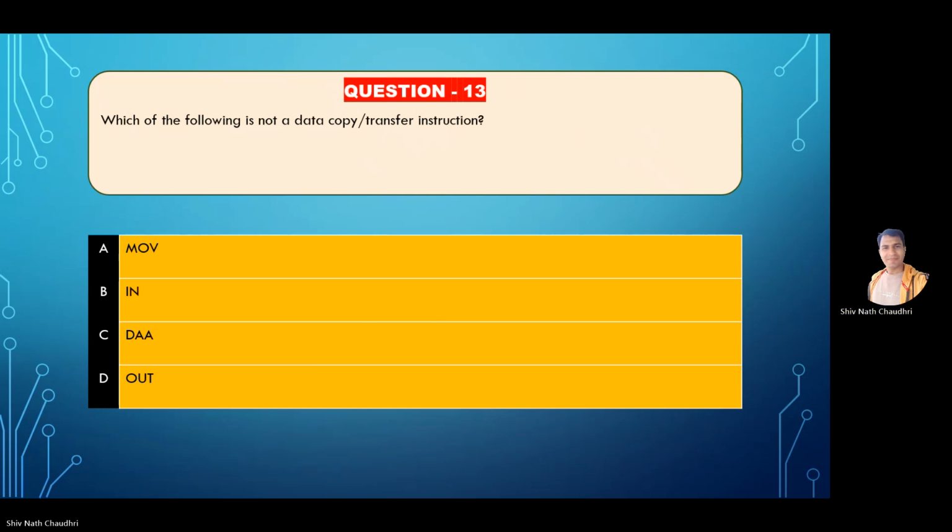The second is IN, and this instruction is related to the I/O port, so it is also used for data transfer. And DAA comes under the arithmetic instructions, because it is used while doing the BCD addition. And OUT instruction is also related to the I/O port or I/O devices.